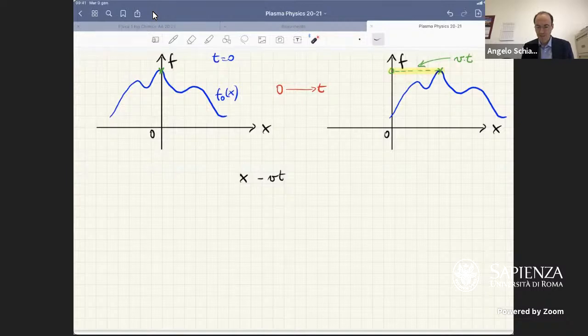And as you see, applying a dimensional argument to this difference here: here we have a length, here we have time, and that's the reason why we call this parameter in front of time the velocity, in order to have a difference between two lengths.